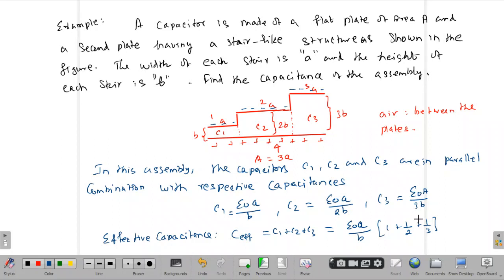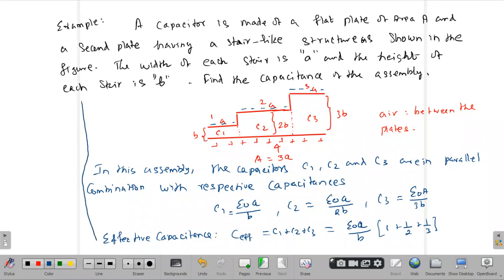First separation B, second separation 2B, and third separation 3B. Correct. Now to simplify, what is the final answer?